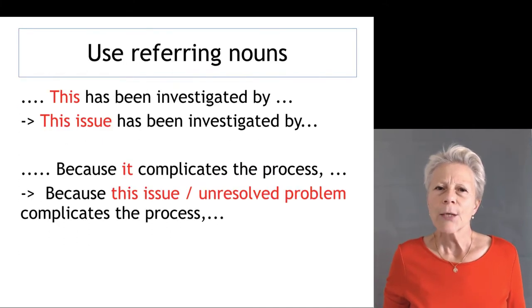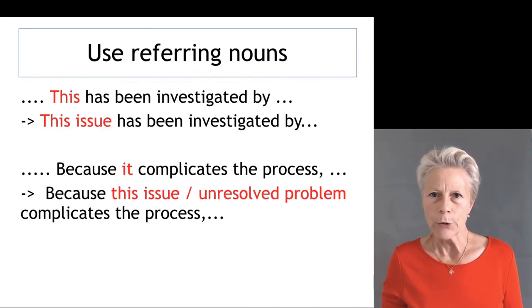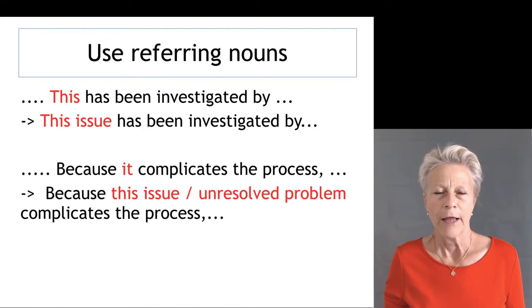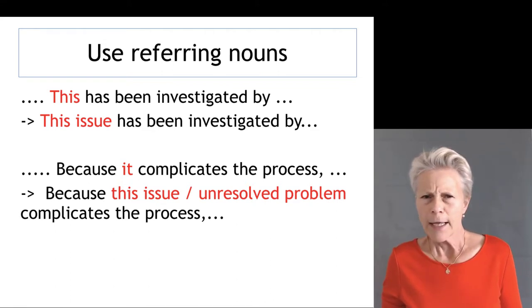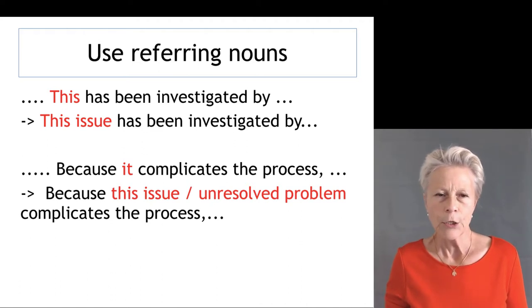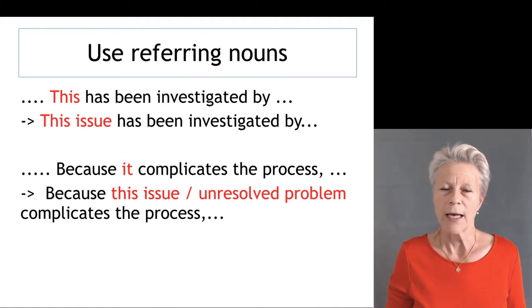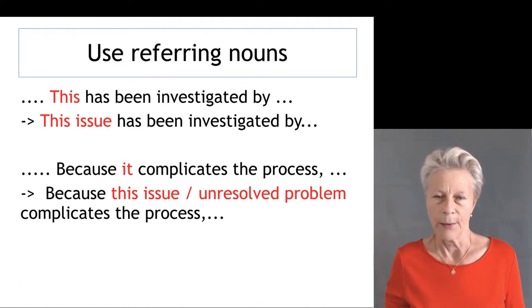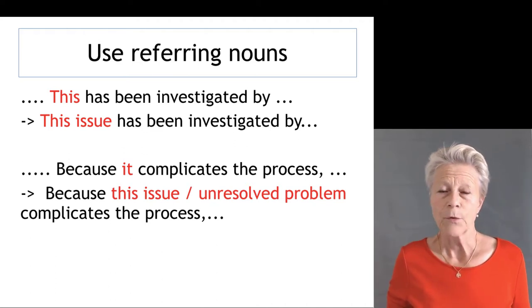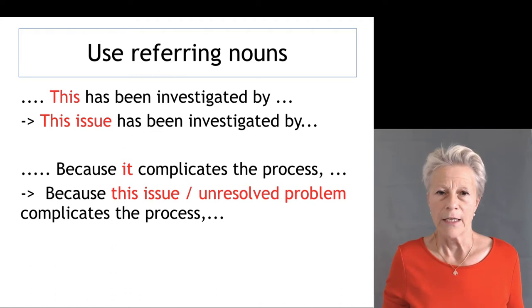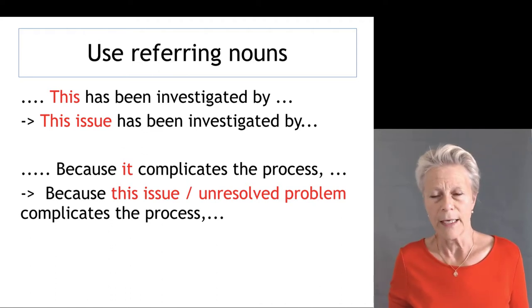Use referring nouns if your single reference word is too shallow. "This has been investigated by." Try it out. Maybe it's more clear to put in "this issue has been investigated by". Or "because it complicates the process", replace it by "because this unresolved problem complicates the process".